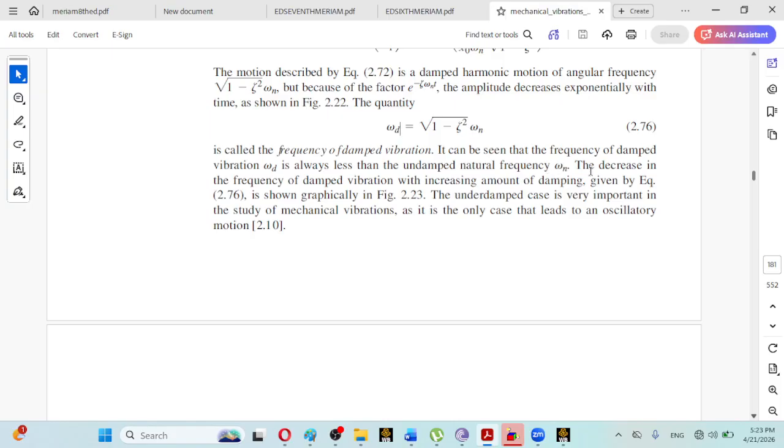So the decrease in the frequency of the damped vibration with increasing amount of damping, given by equation 2.76, is shown graphically in figure 2.3.